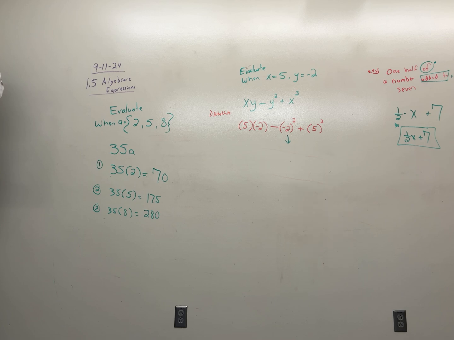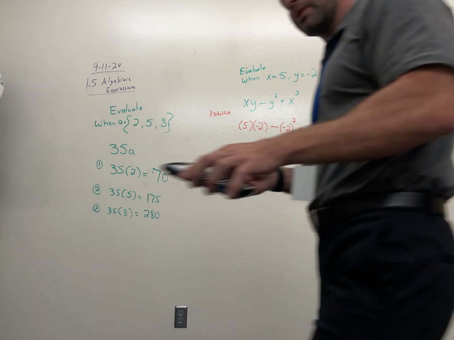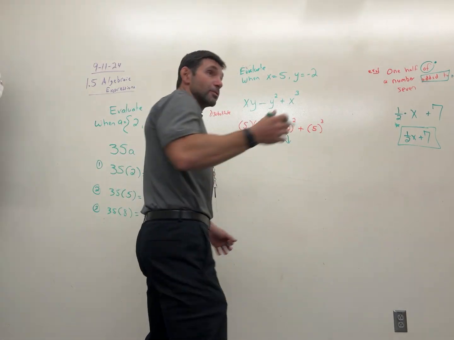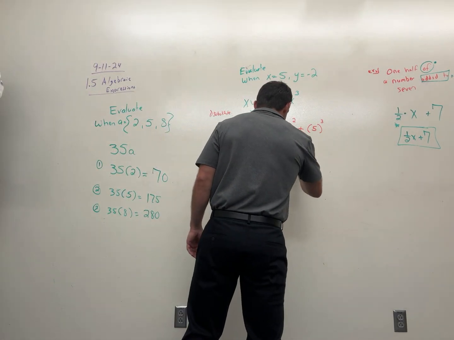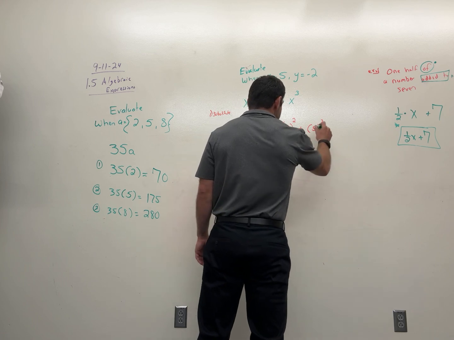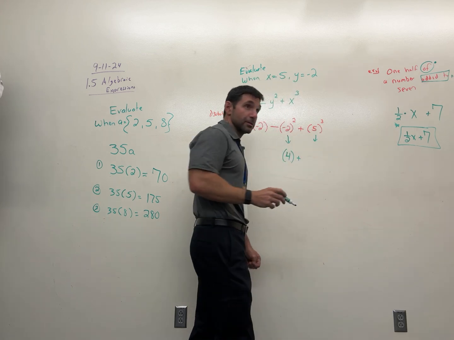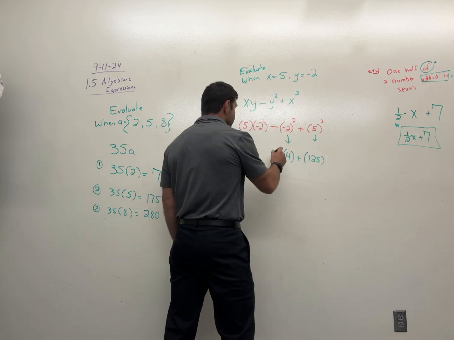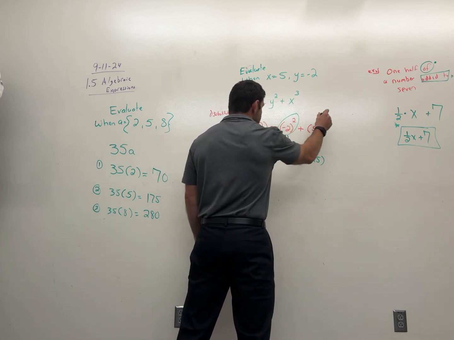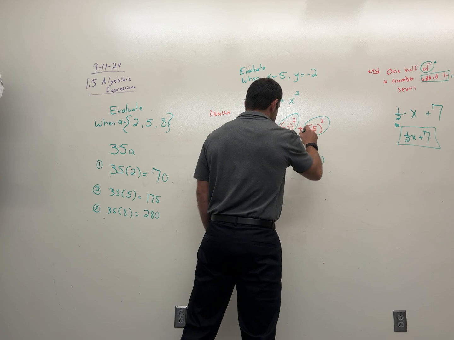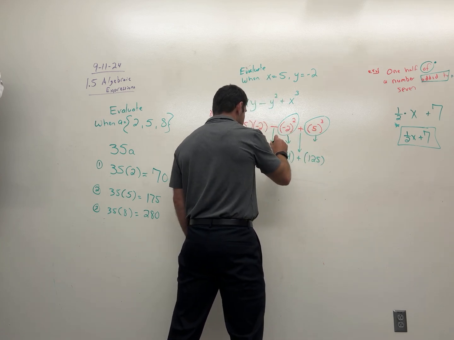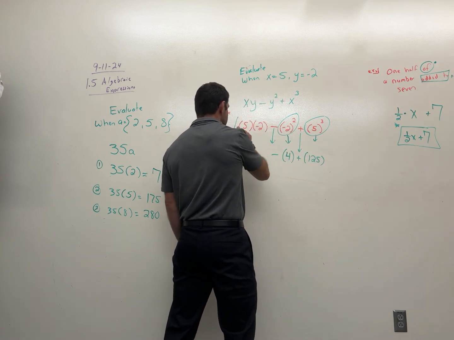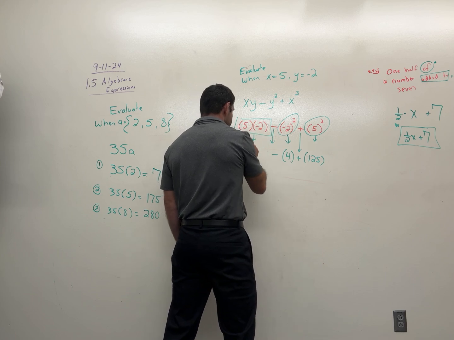Then I can press the squared, and it gives me a positive 4. Negative 2 multiplied by negative 2 is positive 4. Plus 5 to the third is positive 125. Everything else drops.